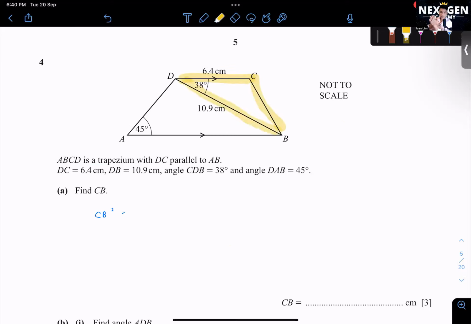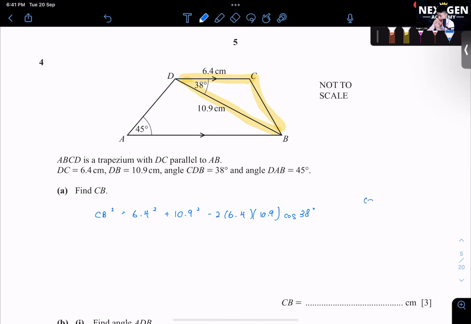So remember I said the cos rule is like your crocodile mouth like that. So you see, this is the mouth, this is the tongue. We want to find here. CB squared equals 6.4 squared plus 10.9 squared minus 2 times 6.4 times 10.9 cos 38 degrees. This one we've gone through already.